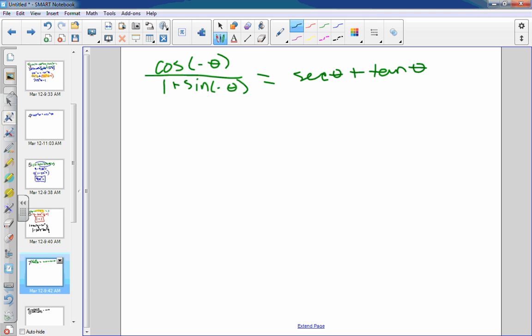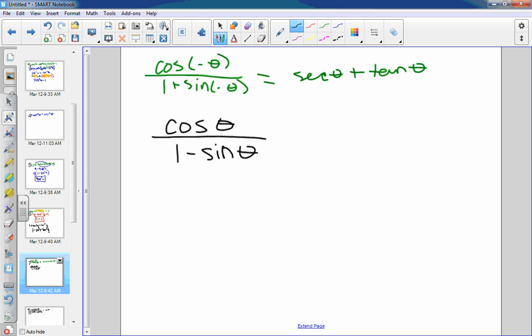Bottom of that box on page 340, you want to use those even and odd identities. So what is the cosine of negative theta? No, the cosine of negative theta is positive cosine, right? Now what is sine of negative theta? That's 1 minus the sine of theta. Do we all see that?